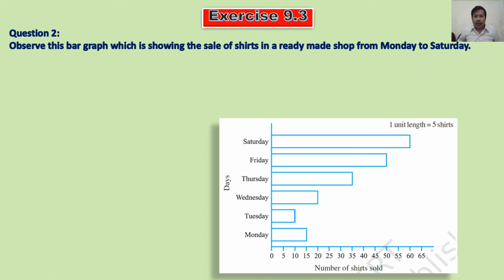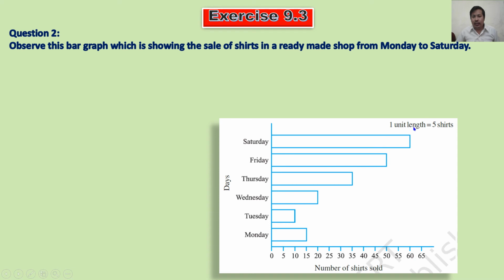Now just see this. In this bar graph you can see that these are the days of the week: Monday, Tuesday, Wednesday, Thursday, Friday, Saturday. And here this scale is for the number of shirts, and you can see that some partitions or markings are there. Its marking is called a unit.